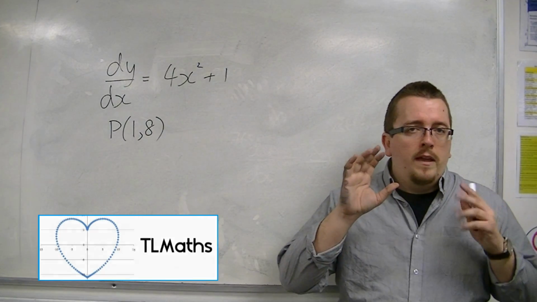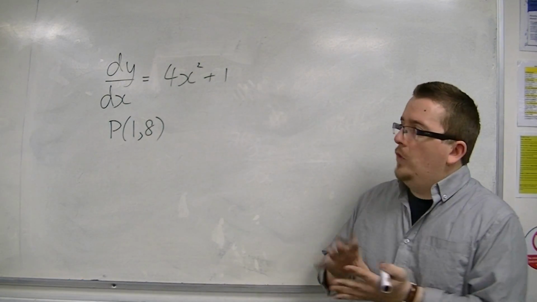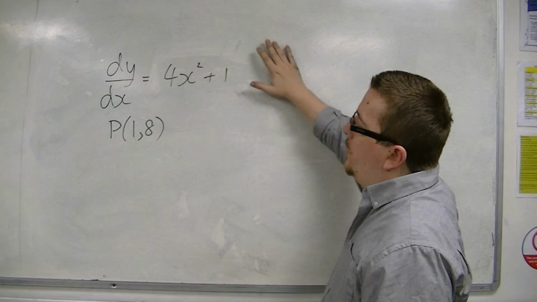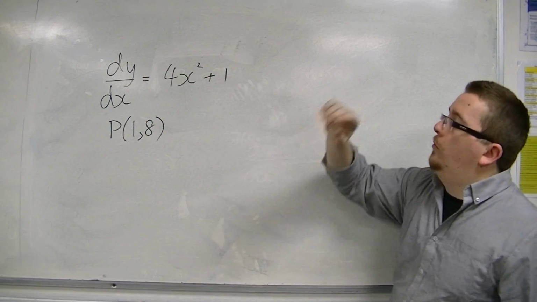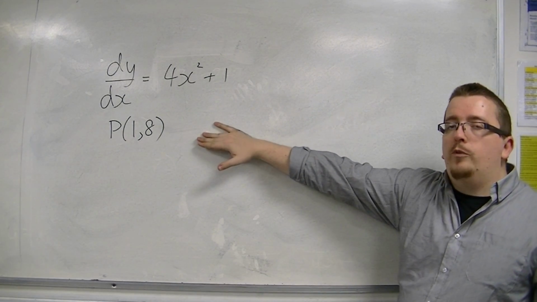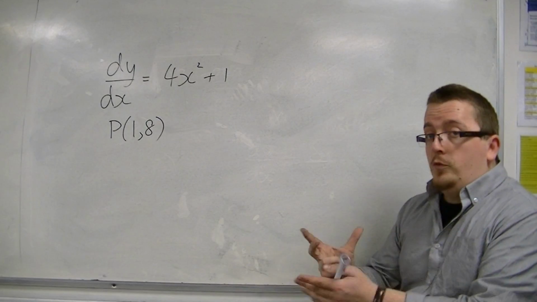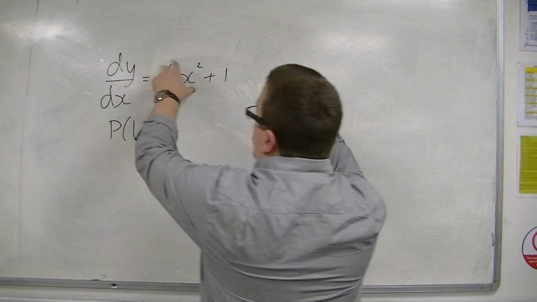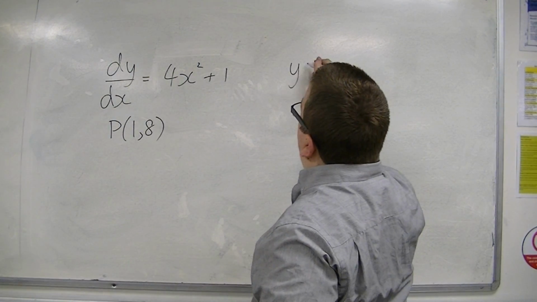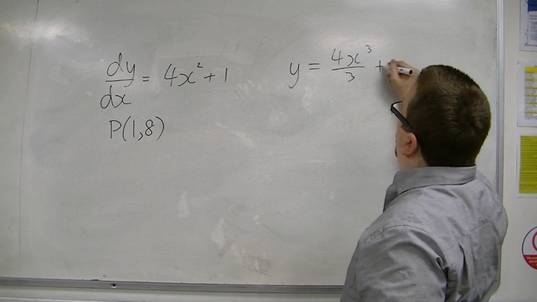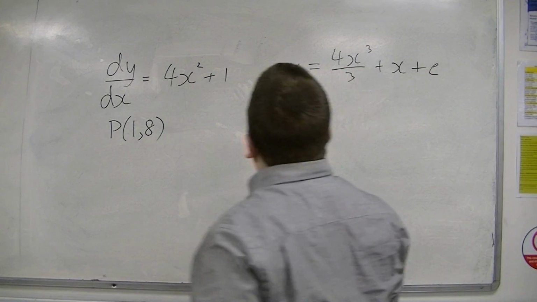Okay, now in Core 1 we would be able to find the equation of the line y equals, if I was told that the curve was going through the point P, (1, 8). The method would be integrating this, so I'd have y is equal to 4x cubed over 3 plus x plus a constant c.